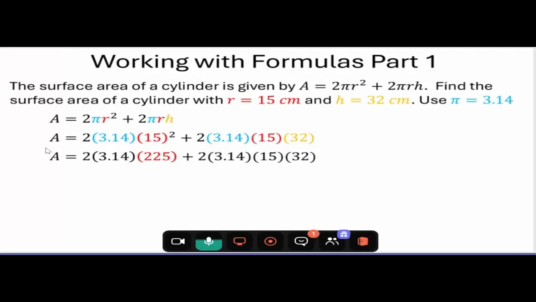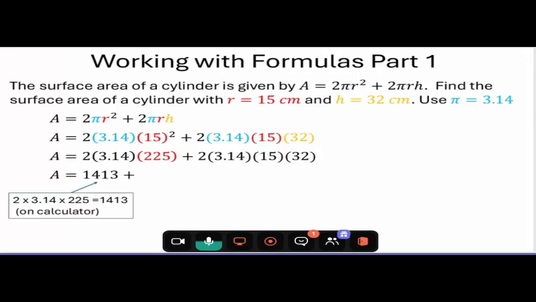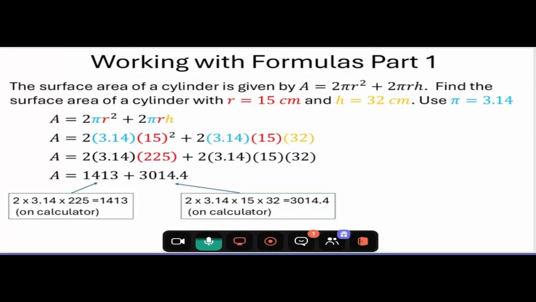Now I have 3 things multiplied here and 4 things multiplied here, so I'm going to do all that multiplication. 2 times 3.14 times 225. I get 1,413 for that first piece. And then for the second piece, 2 times 3.14 times 15 times 32.